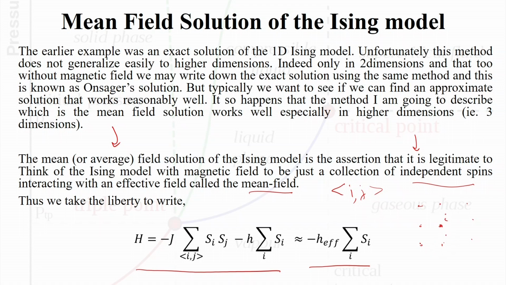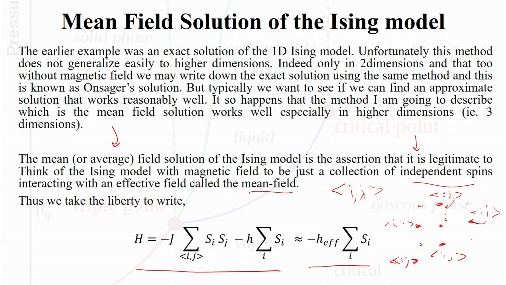When I talk of the Ising model, I typically mean the nearest neighbor. So ij with pointy brackets means I am talking about the nearest neighbor. If it's a square lattice, then there are going to be 1, 2, 3, 4 nearest neighbors to this i. So this is one j here, there's another j there, a third j there, and a fourth j there.